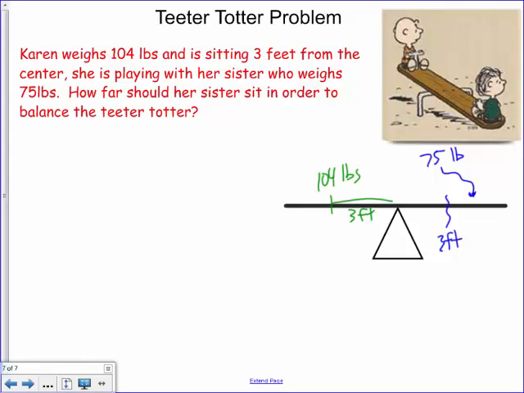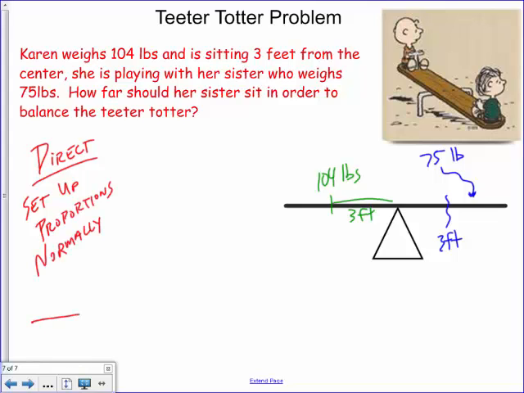So there's 2 ways to do this now. One way is I could set up a proportion. Let's look at that. So this is goofy. So before you set up a proportion, you should always decide whether it's direct or inverse, okay? Because if it's direct, you want to be consistent. You want to set up your proportions normally. That means you want to be consistent. So like if you have inches on top on one fraction, you should have inches on top on the other fraction.